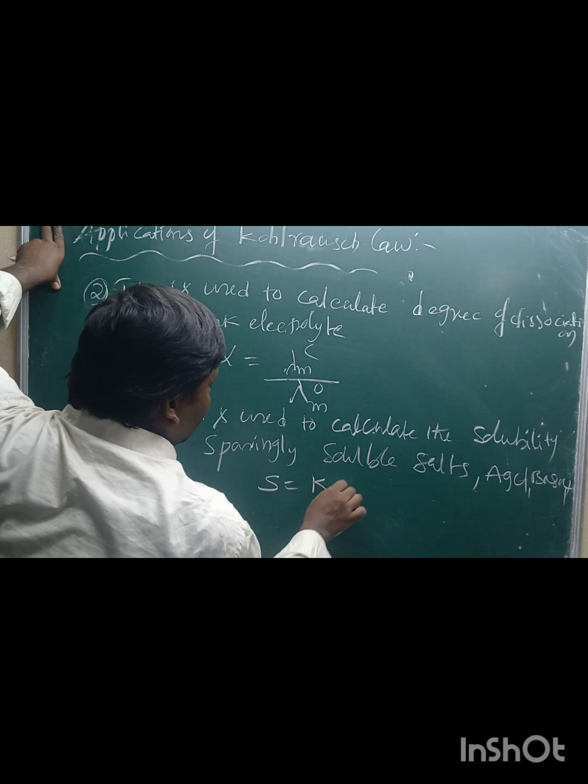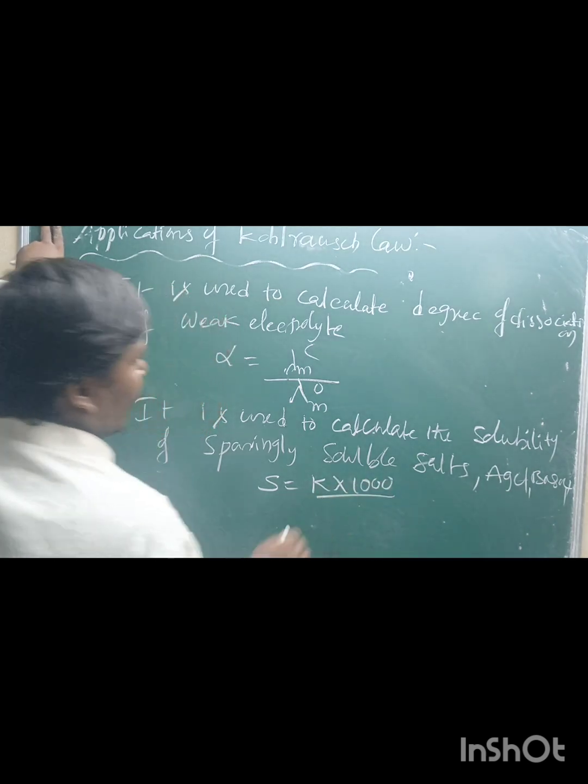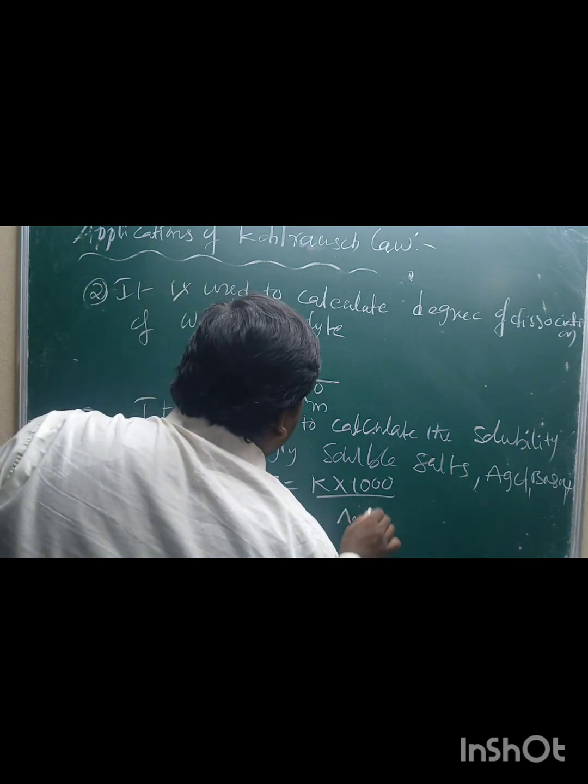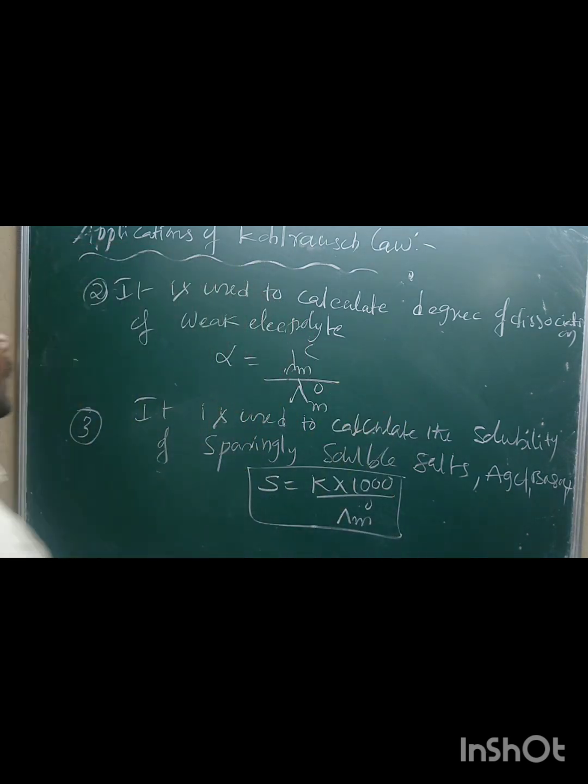Solubility S is equal to K into 1000 by lambda m naught. This is the formula of solubility.